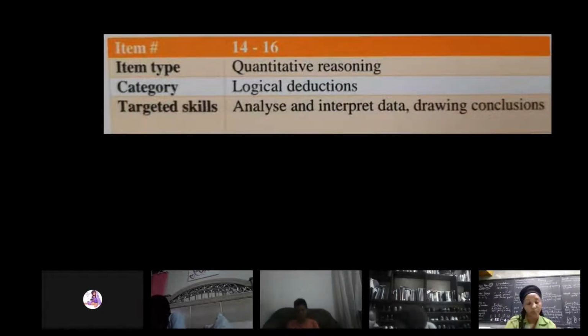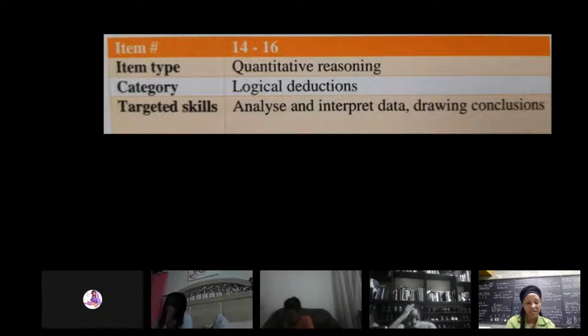So we are actually repeating items 14 and 15 because that's where we ended last week and we were having glitches at that time. So we're going to repeat 14 and 15. And items 14 to 16, the item type would be quantitative reasoning, and the category is logical deductions.